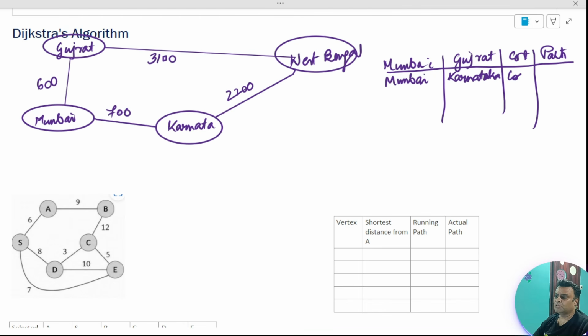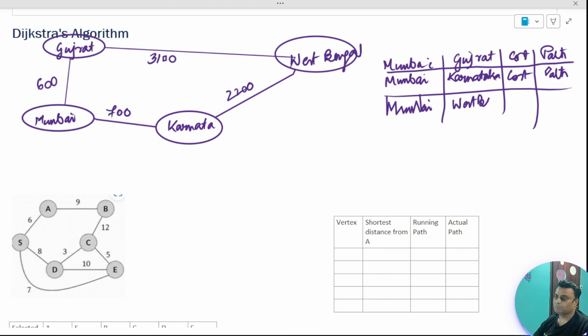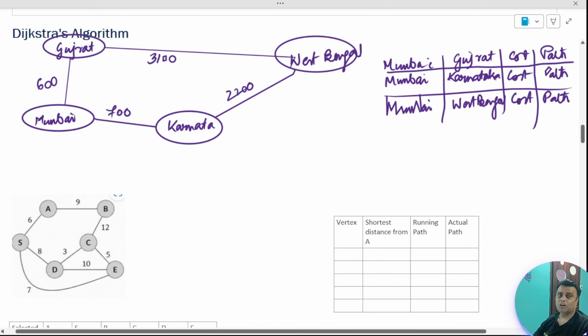How do we get the cost? How do we get the path? Similarly, we'll do it the same way for Mumbai to Gujarat, Mumbai to Karnataka, Mumbai to West Bengal. So this is what we will try to solve using the Dijkstra algorithm. In a nutshell, this is what the Dijkstra algorithm is.